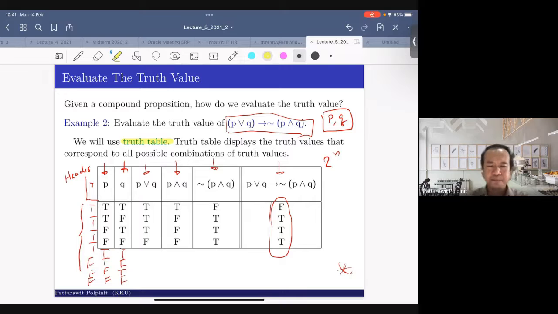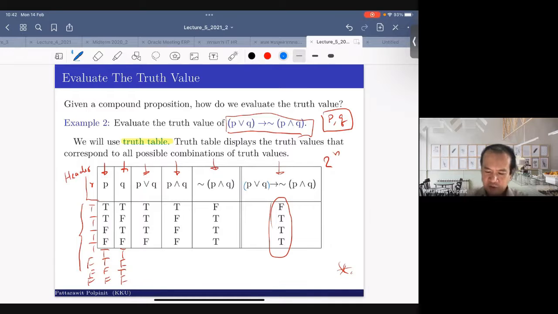Truth table is basically you just list all possible truth values of that proposition by combining all the possible inputs of each atomic proposition that you have in your proposition, right? So for example, in this table, they want to find the truth value of this statement.